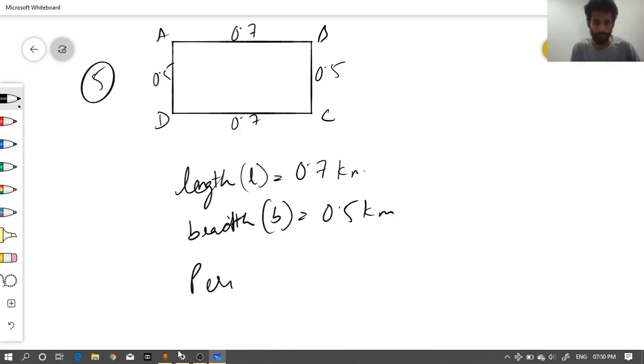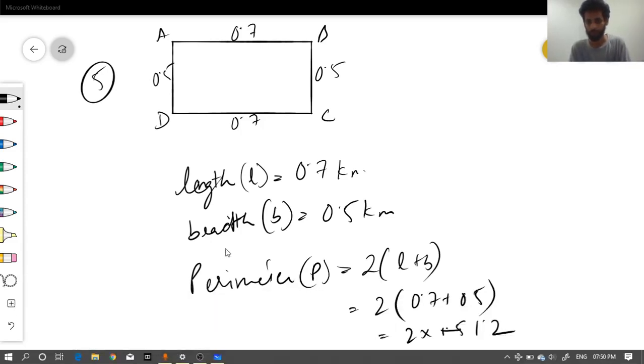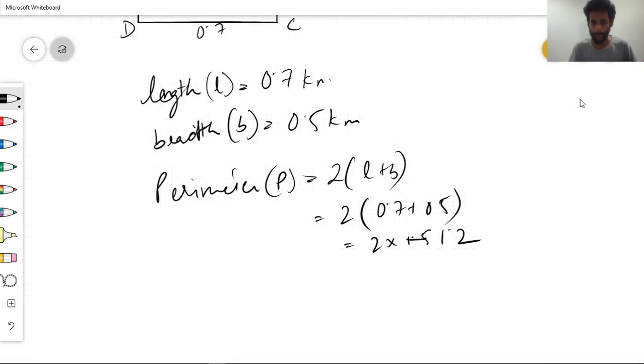Then perimeter P will be 2 times L plus B, 2 into (0.7 plus 0.5), 2 into 1.2, so that will be 2.4 kilometer.